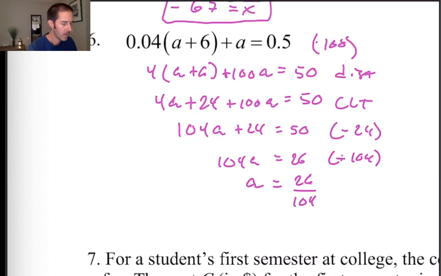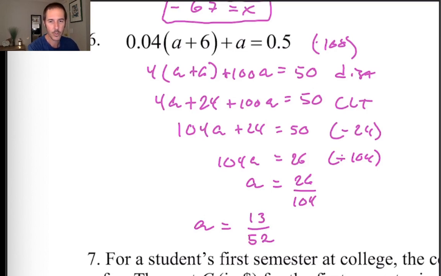Is this our final answer? No. Can it be reduced? Yes. How do I know that? Because the numerator and denominator at the very least are both even numbers, so I can divide both of them by 2. So let's see, I'm going to move over just a little bit. A equals 13 over 52. Can I reduce this any further?